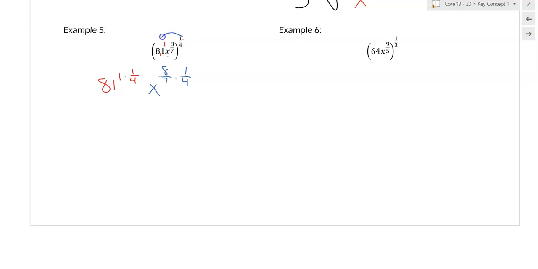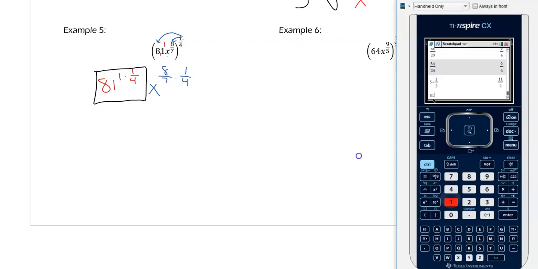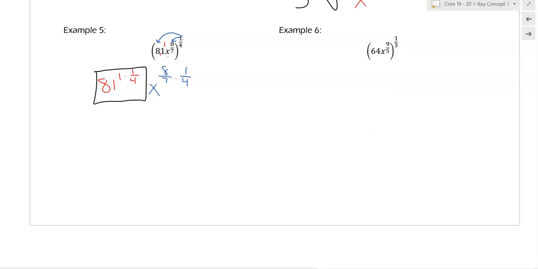Whatever's on the outside goes to both. Now again, simplifying this, I don't see a variable until that x. So 81 to the 1 times 1/4 is what goes here. And then 8/7 times 1/4 is 2/7. Okay, so then variable, and then this goes in our calculator.